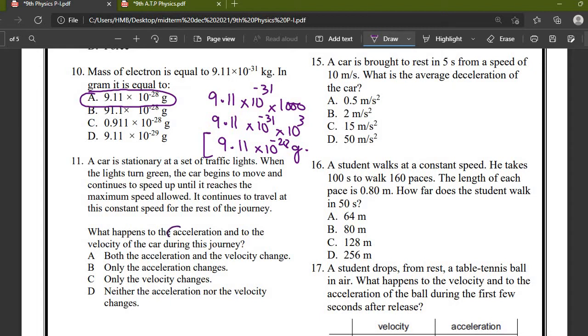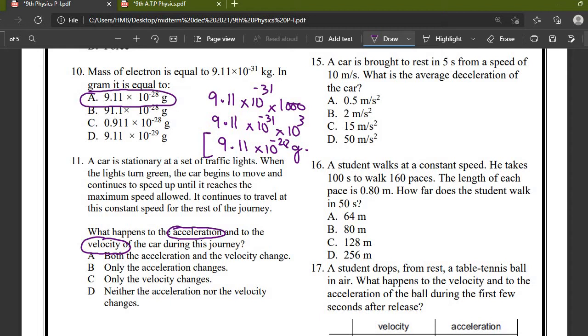What happens to the acceleration and to the velocity of the car during the journey? So option A is both the acceleration and velocity change. Only the acceleration changes, only the velocity changes, neither the acceleration nor the velocity changes.